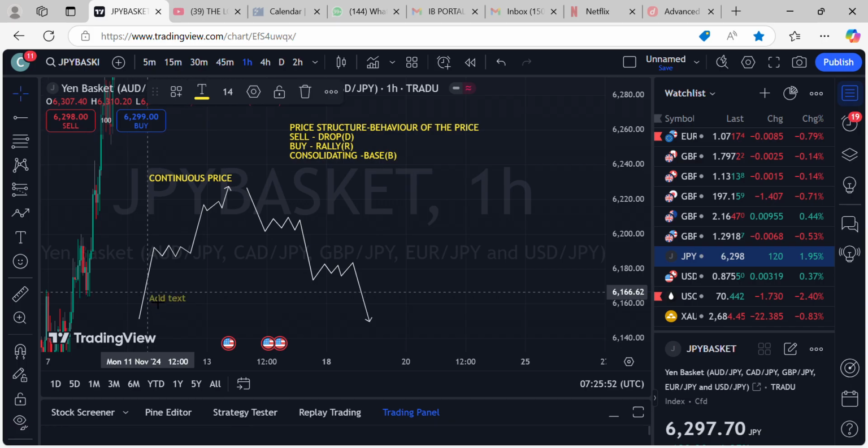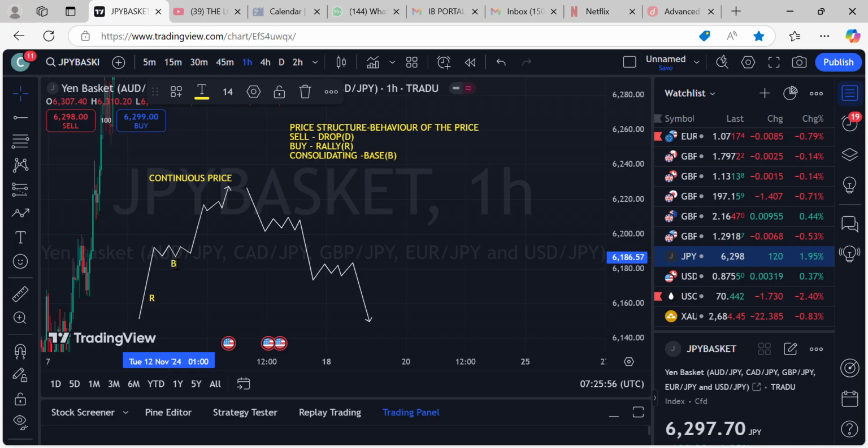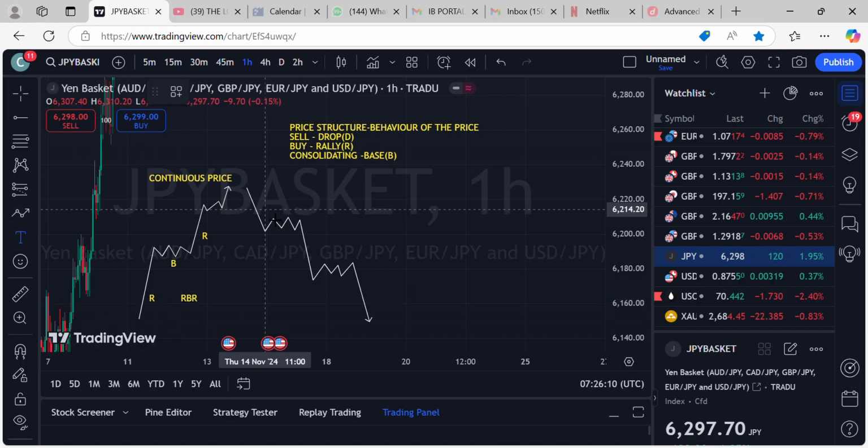So now let's start with this one. When this price is behaving like this, it means it is giving you a rally, a base, and then again a rally at this particular point. So when we are labeling it, it's called a rally, base, rally.